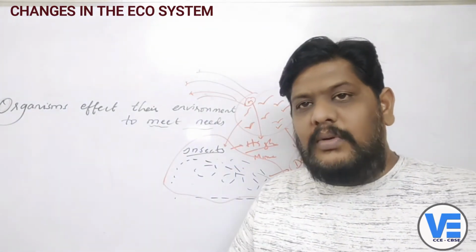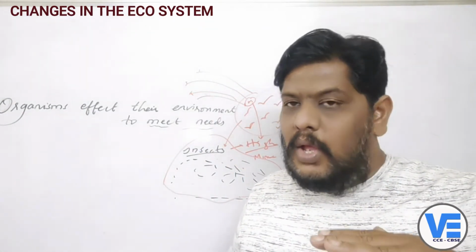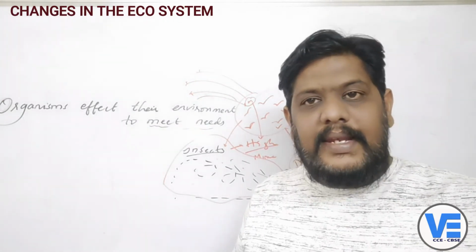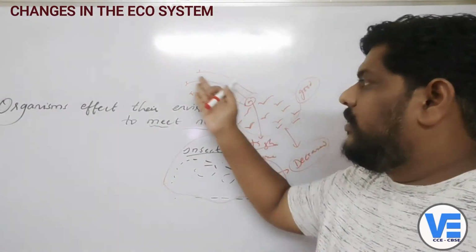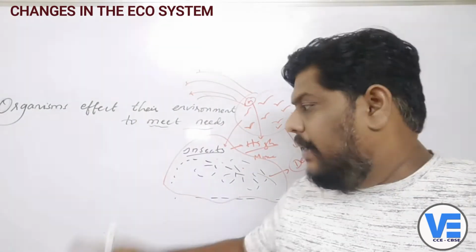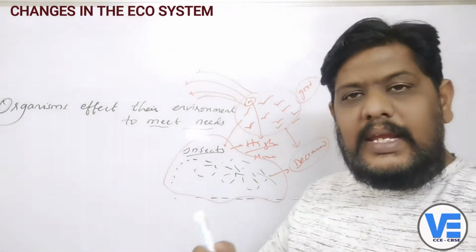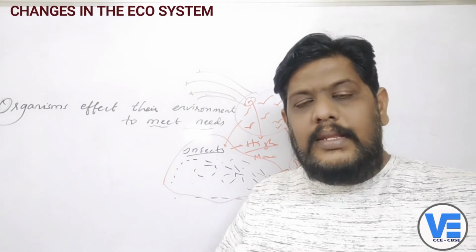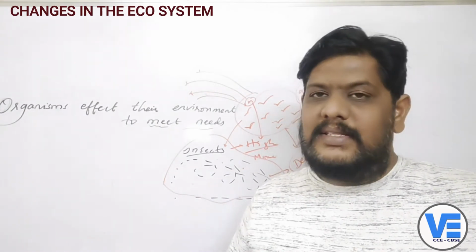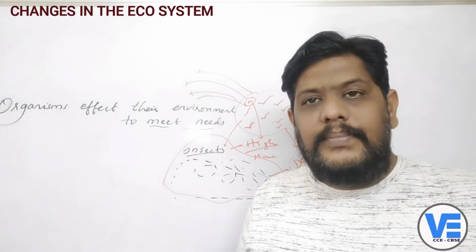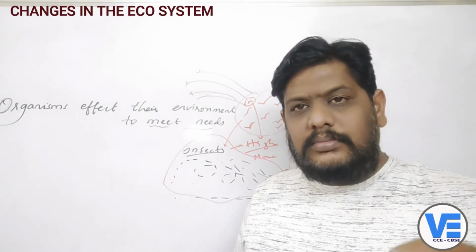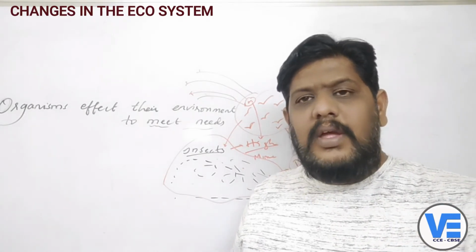The insect population will become very low, and the same thing will repeat, right? Then the birds will go to other places for food, and by that time the number of insects will increase. So this is how the ecosystem is balanced. We call this ecological balance. That is how the ecosystem gets balanced.